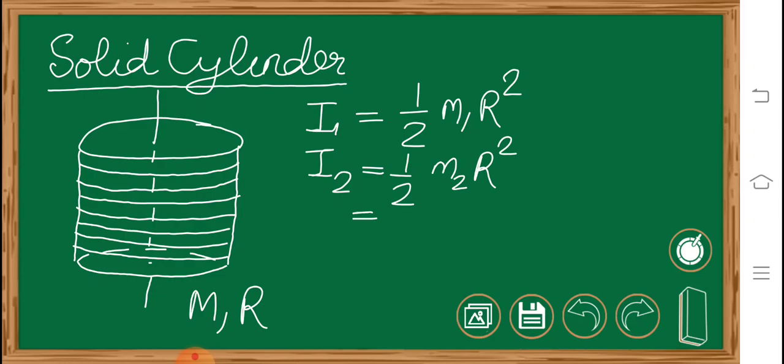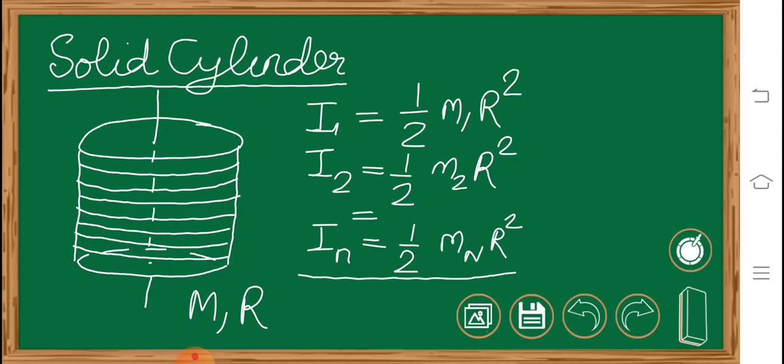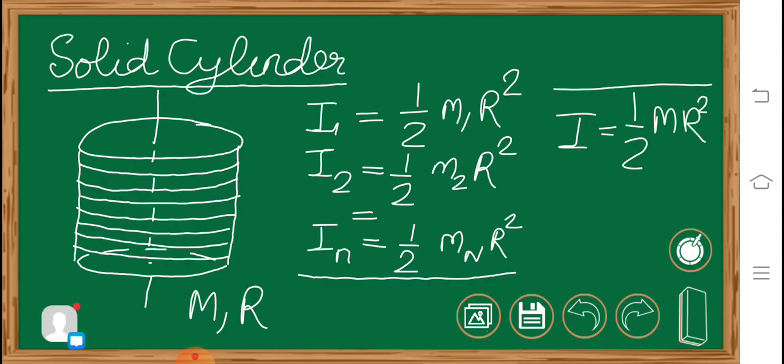In the same way, moment of inertia of the nth disc will be half mnr square, and if we add all of them, we get the total moment of inertia as half capital M r square. So we can see that the moment of inertia of the solid cylinder is the same as that of the disk.